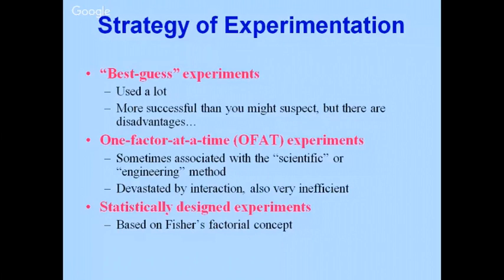So this I know by intuition. So by using my intuition, by using my inherent judgment, I can make some planning for my experiment. I know by intuition that certain factors are not significant, or maybe certain factors are more significant than others. Okay. So that is my best guess experiment.